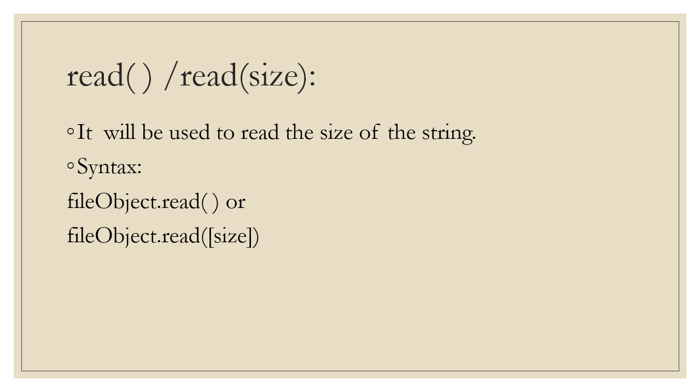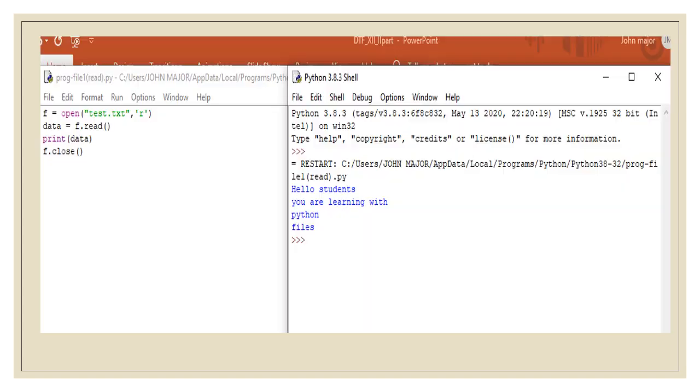At the end of the file, an empty string will be returned. The syntax of read: file object dot read(), that is one thing. Otherwise we can have file object dot read(size). Size means n number of characters in the file.